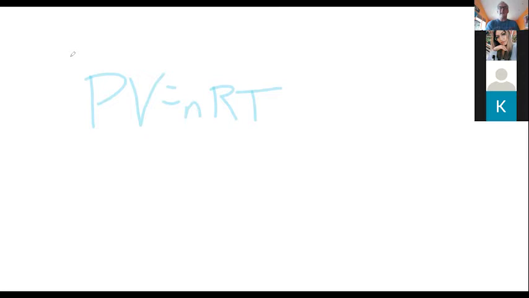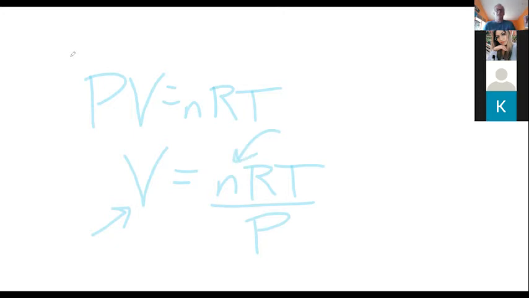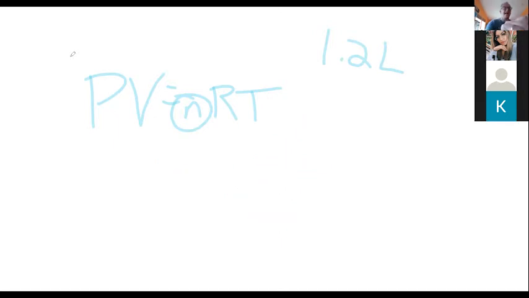We want to see what V is, so we'll divide each side by P. Actually, it's the other way around. We need to define what N is, because our bag is going to be 1.2 liters. I apologize. We're going to need to define what N is.